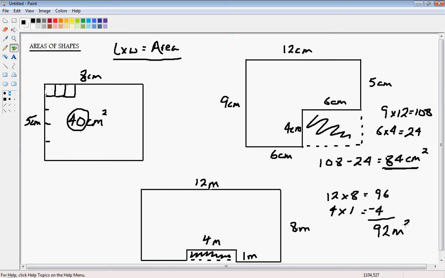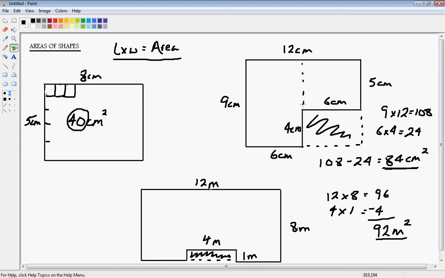So 96 take away 4 is 92, and that will be meters squared, and that will be the answer. So if we work on the fact that the whole shape is actually there, work out that area, calculate the part that's been taken off, then that will give us our answer.